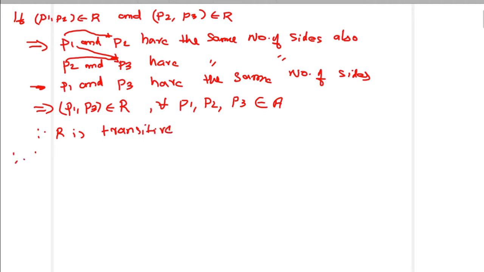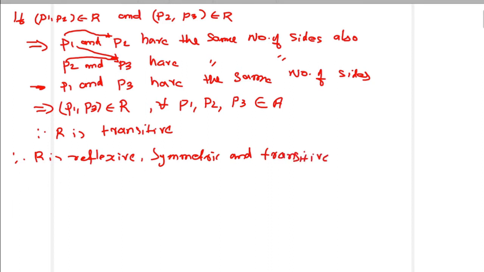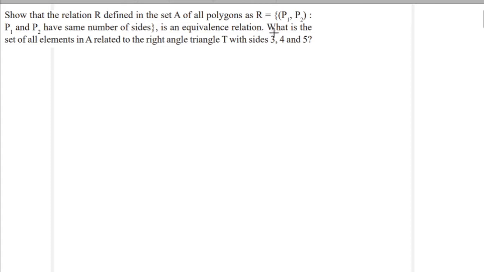Therefore R is reflexive, symmetric, and transitive relation, and hence R is an equivalence relation.